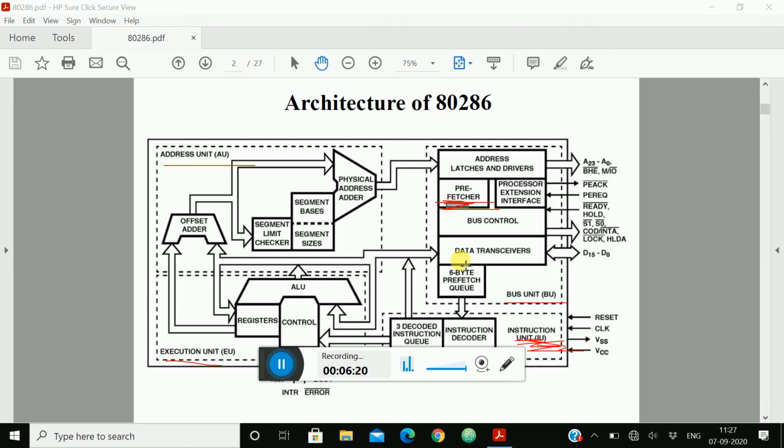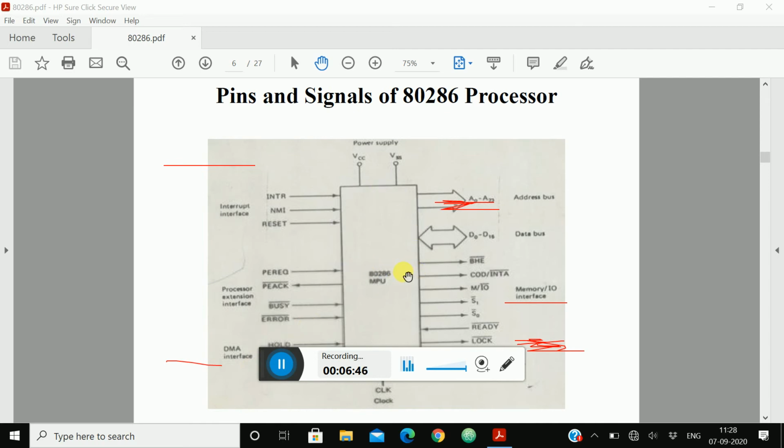So from here we can conclude that 80286 has a physical memory of 16 MB, and in this mode it also provides up to 1 GB of virtual memory. Now let's start with the pins and signals of the 80286 processor.